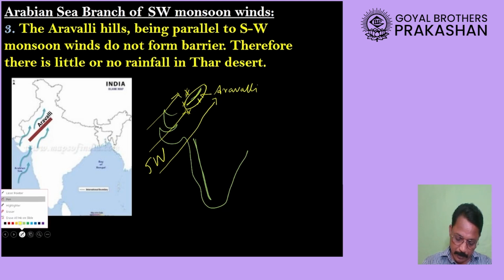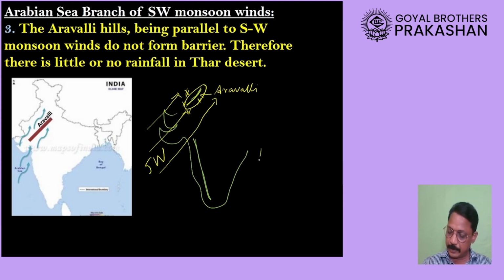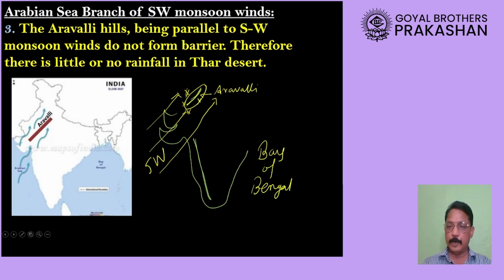Now I am going to show you something else. On the east side here is the Bay of Bengal. While explaining the Bay of Bengal branch, I will tell more about it. But right now we will see one important thing, that some of the winds which blow from the Bay of Bengal towards Aravalli mountain will be blocked to some extent by Aravalli mountain.